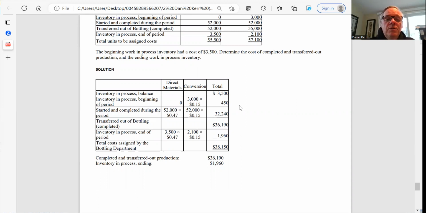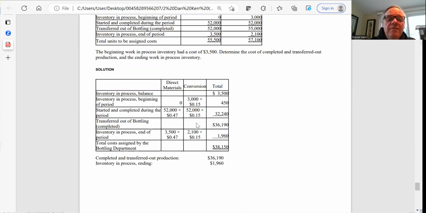So your total cost would be the beginning inventory of $3,500. Then the materials, you added no direct materials, but you had equivalent units of 3,000 at 15 cents. That's 450. And then started and completed during the period, that's 52,000 times 0.47, 52,000 times 0.15.